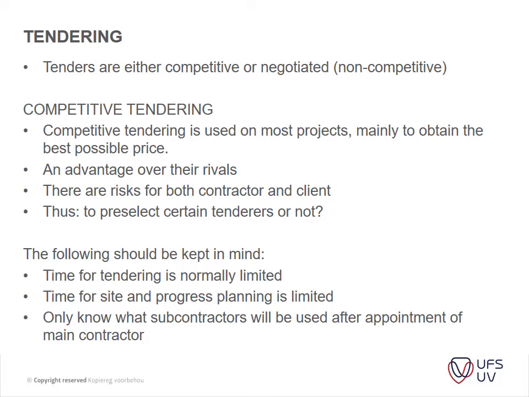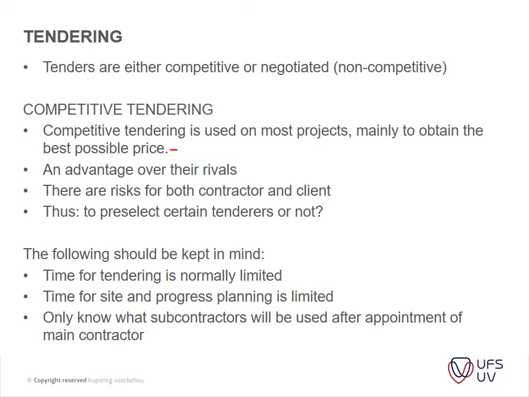Competitive tendering is used on most projects, mainly to obtain the best possible price. Where you won't have competitive tendering, you will have a bit of a negotiation, but that's usually where you have specialist installations. Only one or two people can actually do this type of installation, or the client has worked with this contractor or tenderer before, and would rather pay extra for having this contractor on the project.